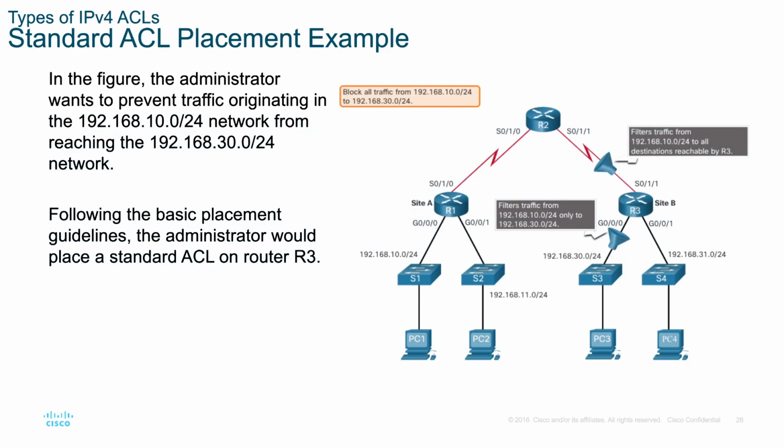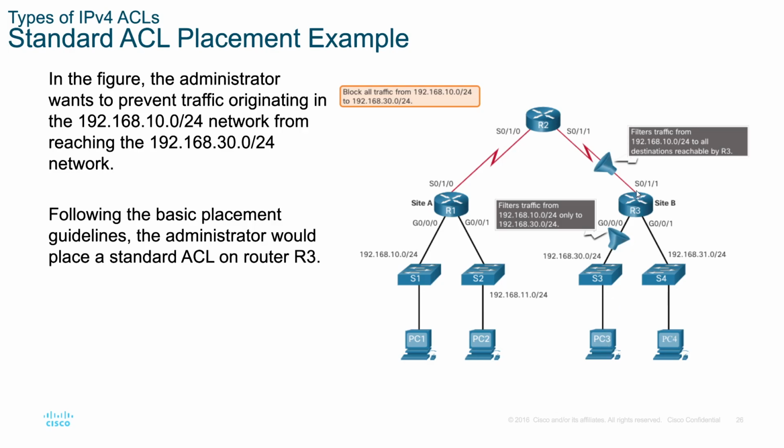So in here, we're doing a standard ACL placement, so we want to filter it as close to the destination. Okay, so we want to prevent traffic originating from the 10 network, so this one here, from getting to the 30 network, which is this one here.